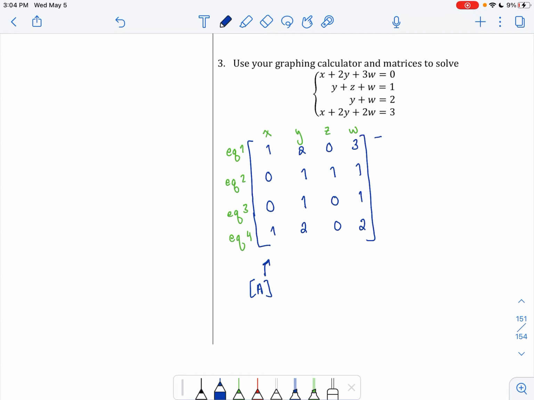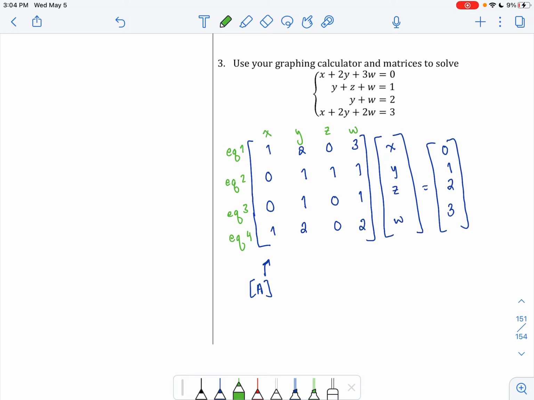Put it into your calculator. This is then going to be multiplied by x, y, z, w. And then the other one is going to be our answers. So 0, 1, 2, 3. So these are, again, the coefficients. This is the variable. And then the answers in order.